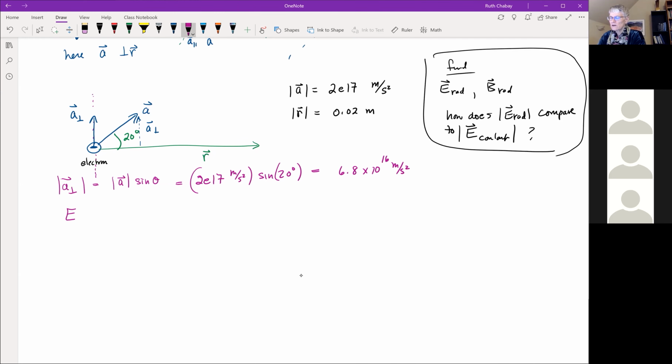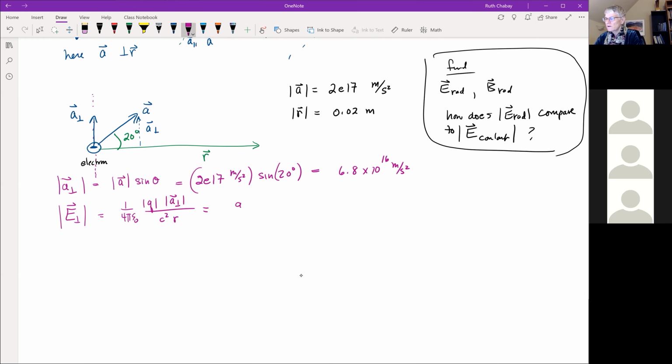And so now the magnitude of the radiative electric field is going to be 1 over 4 pi epsilon 0, the absolute value of the charge times the magnitude of a perpendicular over c squared r.